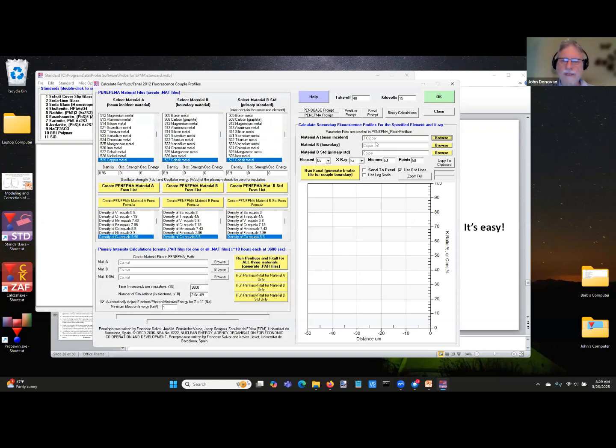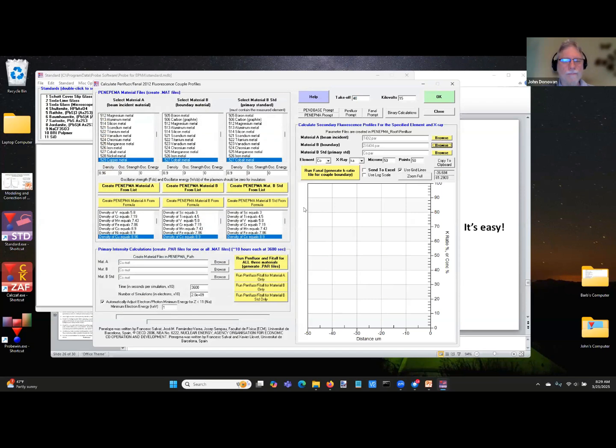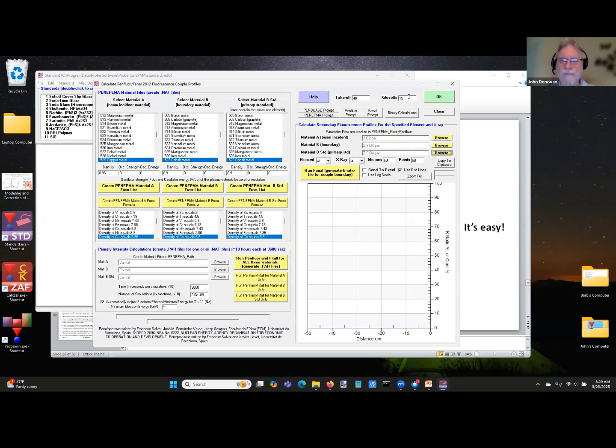Then I'm going to specify it's next to a zircon. I'm going to measure zircon. I'm going to look at the diffusion of zircon L alpha into titanium. And I'll just use the zircon as the primary standard also. And then you can specify the beam energy, and you just click generate.